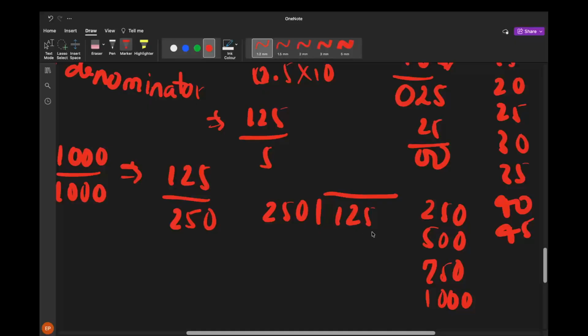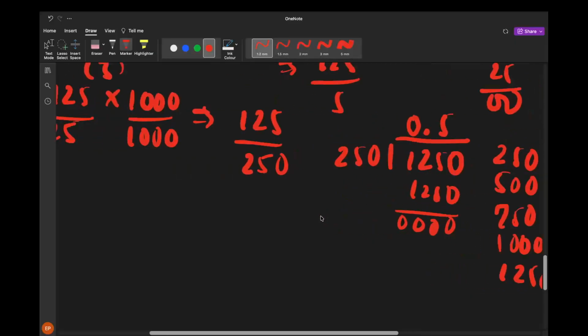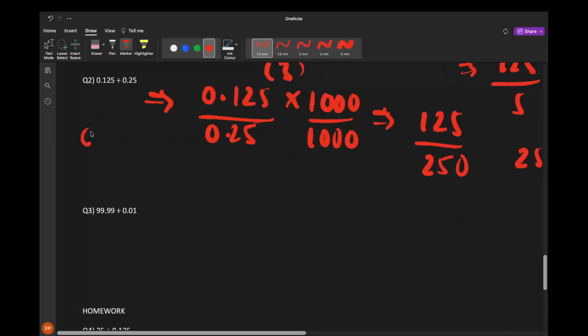So we are done with all the digits and are unable to divide. So put a 0 and decimal point so that you can take an extra 0, right? Now find, is there 1250 in the table? Yes, the next one will be 1250 only. 5 times 250 is 1250. So the answer will be 0.5.